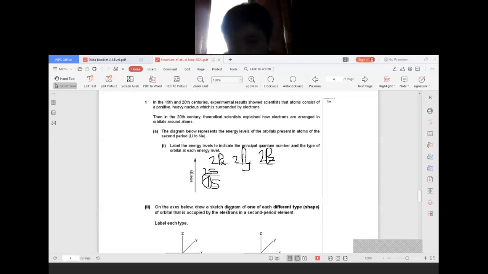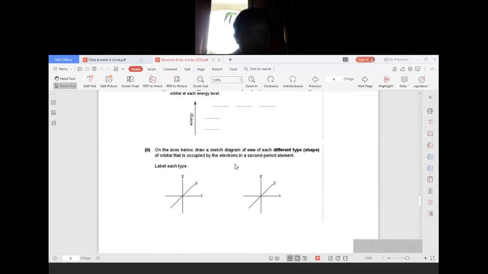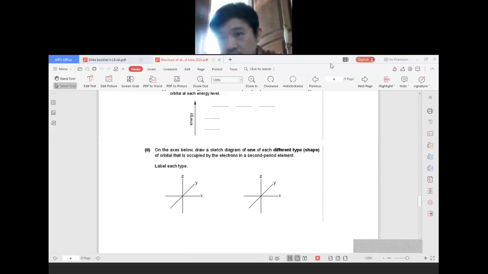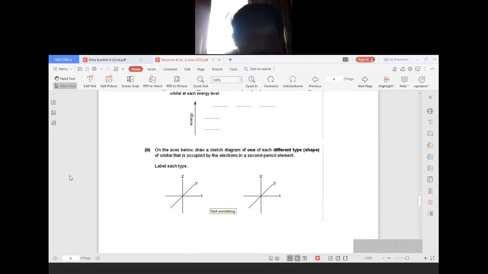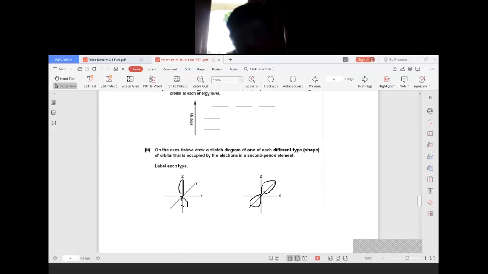And then on the next diagram, this shape. If it has three shapes like this, z, y, x, then it must belong to the p orbital. So we have to draw x, or you can draw y, or z and y, or z and x.